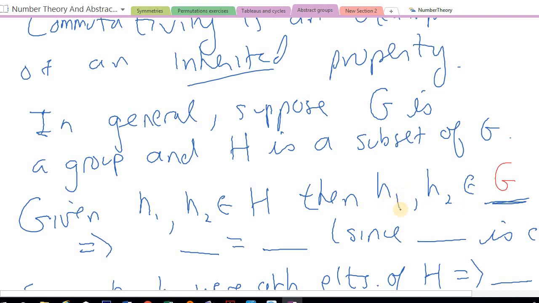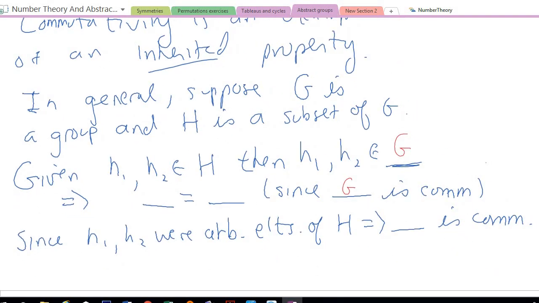Now, since G is commutative, you can conclude that h1 and h2 commute, because h1 and h2 are also in G. Since h1 and h2 are arbitrary elements of H, and we showed the commutativity property for them, then we can show that H is commutative.